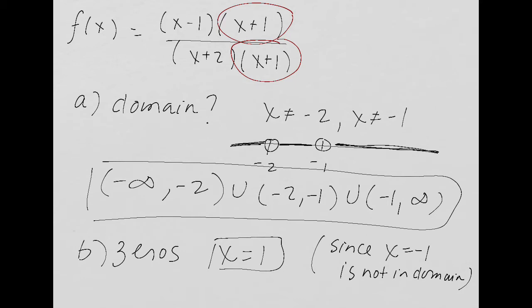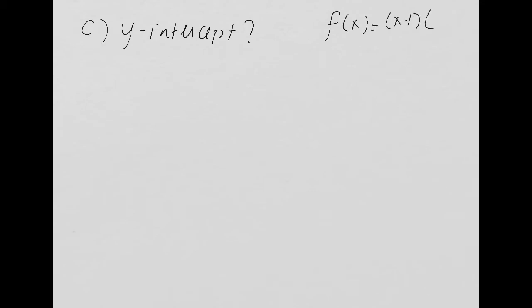So our next question might be, what is the y-intercept? And then just so we have it on the slide, I'm going to rewrite for us the function we're talking about. And anytime you're asked for a y-intercept, not just for rational functions, but for any function, your strategy is going to be set the x's all to 0.